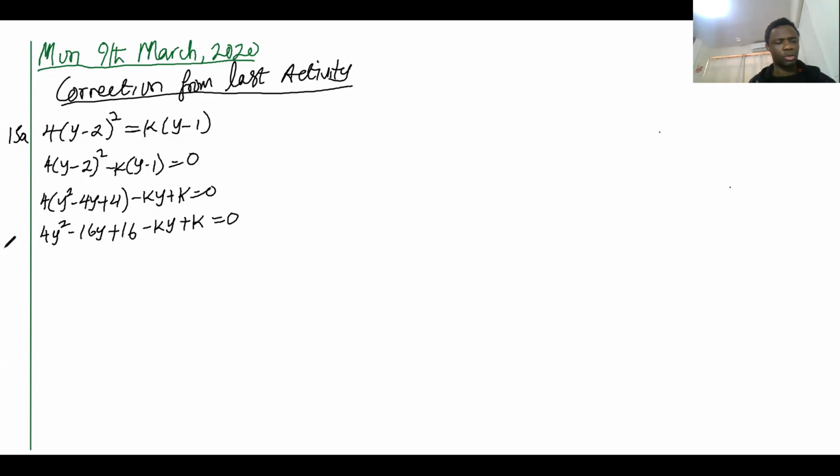It looks like an equation with 5 terms. You group them, like the negative 16y and negative ky into a bracket. Yes. So 4y squared minus 16y minus ky plus 16 plus k equals 0.